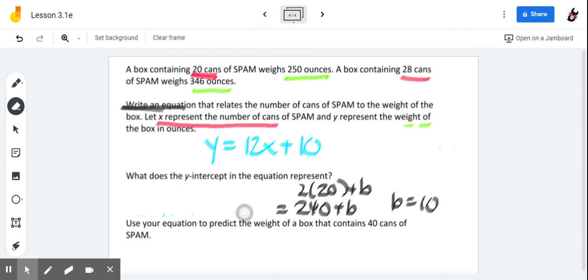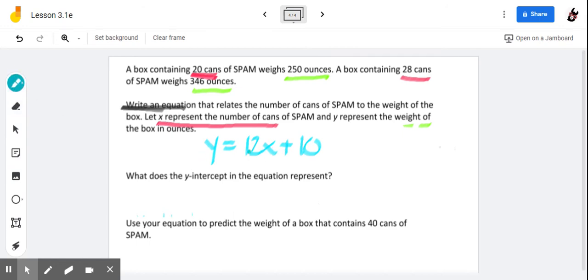We need to think about what that y-intercept means in this equation. Well, the first thing we have to think about is what do x and y represent. So if x represents the number of cans of Spam and y represents the weight in ounces of the box, then when I have a y-intercept of (0, 10), that means that the y-intercept is when you have 0 cans.